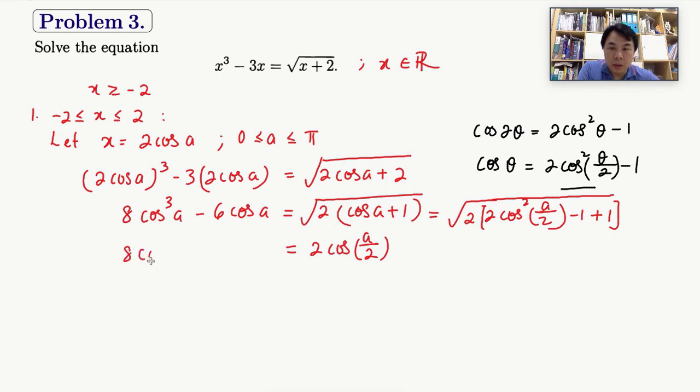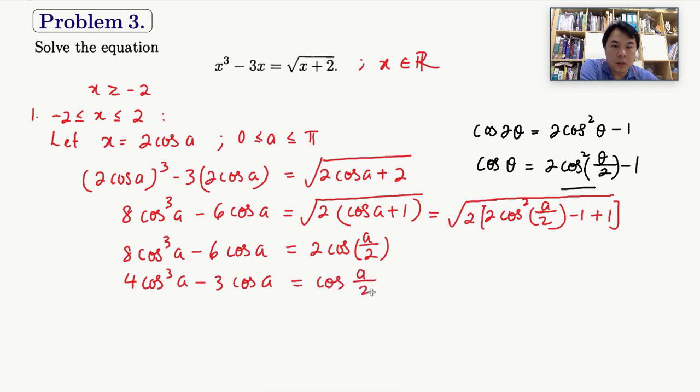This is our expression at this point, cos A. Okay, and then we can further divide that by 2, which will give us cos 3A minus 3 cos A, and then that will give me a cos A divided by 2 then, right? So I hope that is clear.